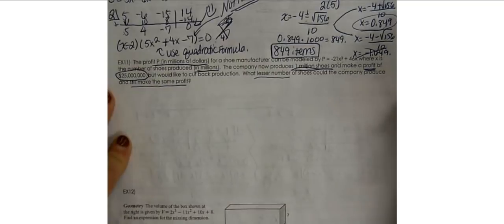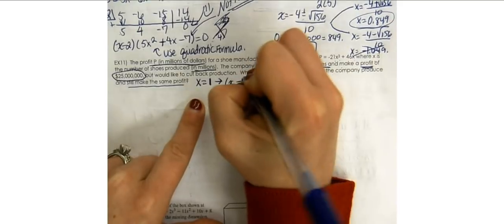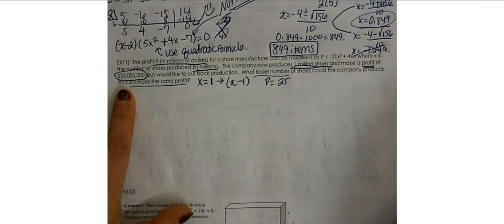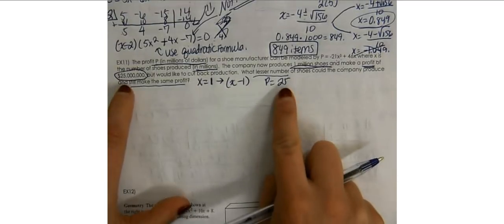So what is given to us is our 1 million shoes, which represents your x value. x is equal to 1, because that is in millions. So 1 represents 1 million. The profit is going to be equal to 25, so I'm going to write P equals 25 for it being $25 million.